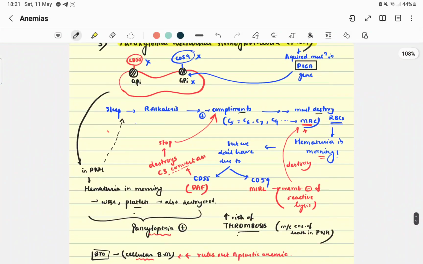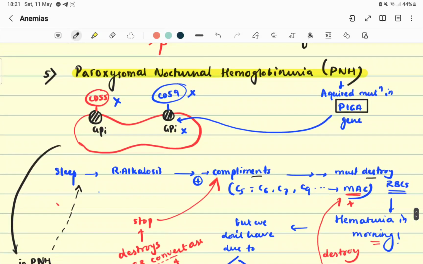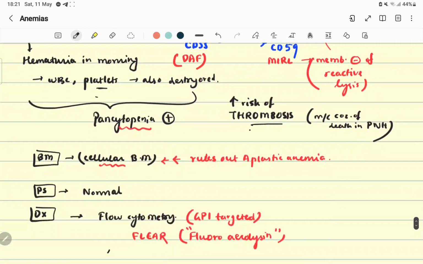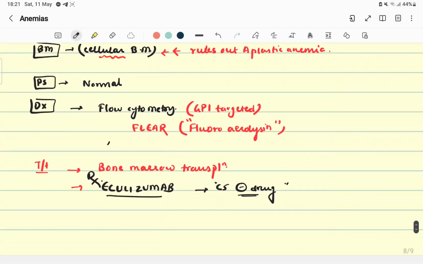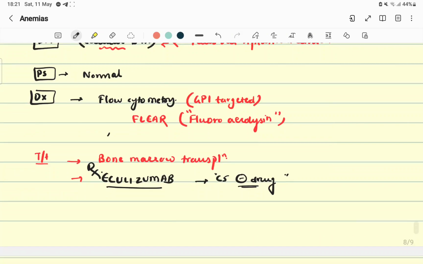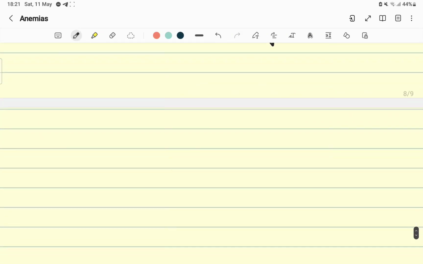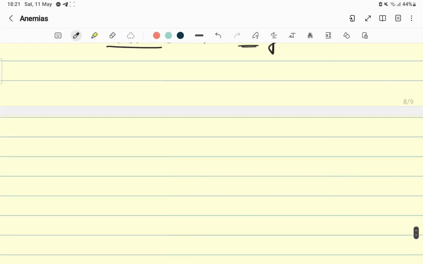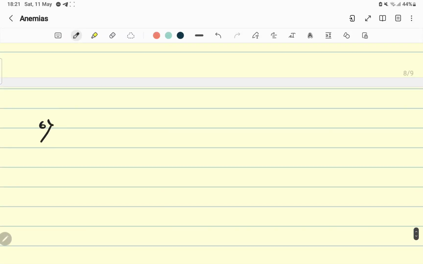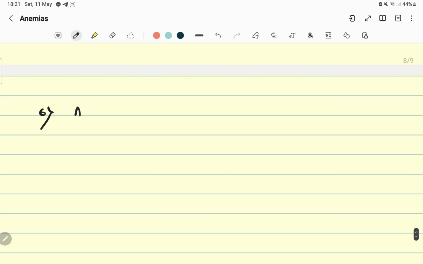So these are all about PNH. You understood PNH. This was the pathway you have to understand. This was the pathology part, and bone marrow, peripheral smear and diagnosis are obvious, and treatment is eculizumab and bone marrow transplantation, right? Then we have a very important disease. This was, I guess, the fifth, and the sixth one is called autoimmune hemolytic anemia, AIHA.